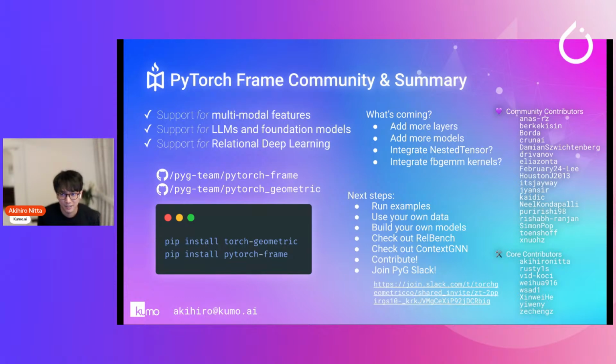They added a new thing, and it looks good. They added a jagged layout to nested tensor, which might be used for us as well, and also integrate FBGEMM kernels. I think some of them might be useful for us as well.